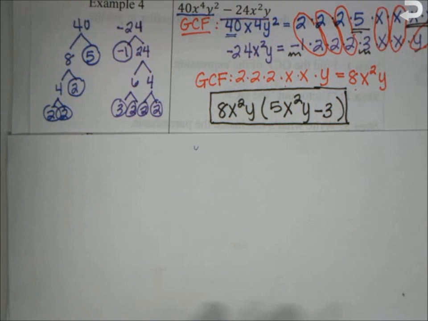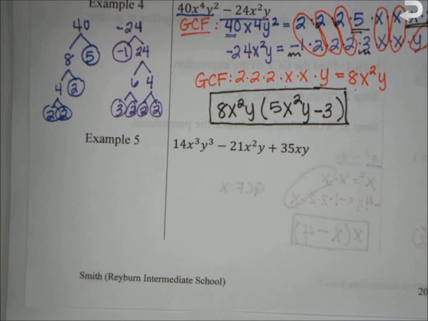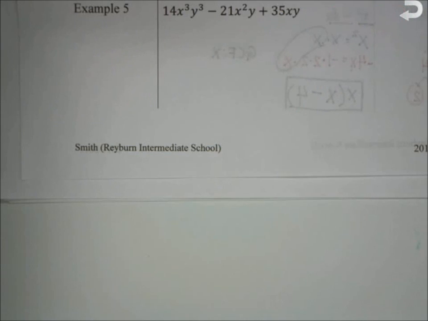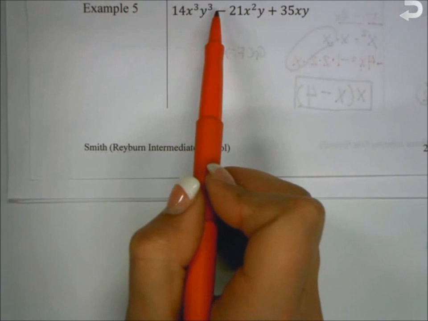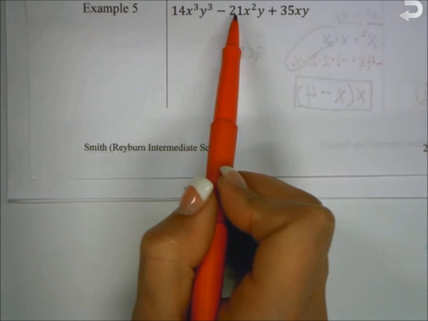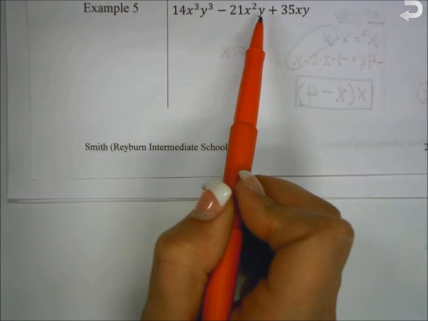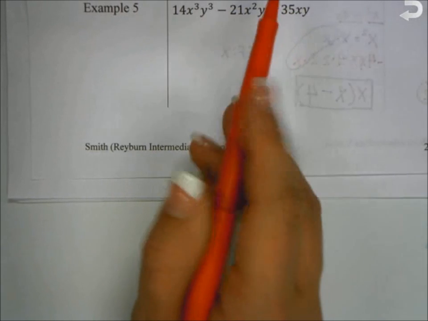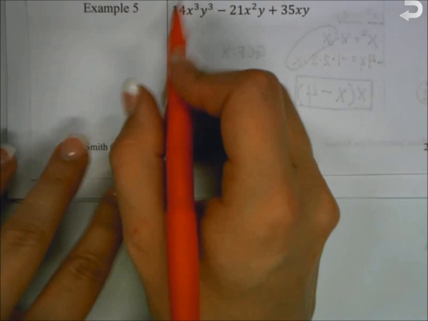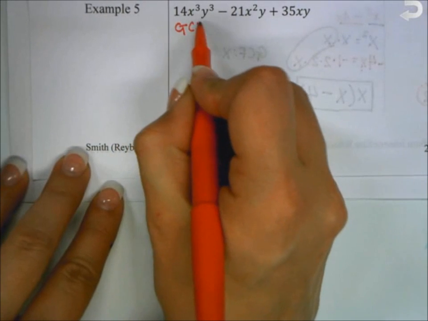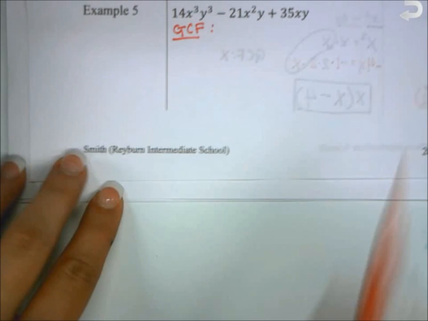Okay, so we have 14x to the third, y to the third, minus 21x squared y, plus 35xy. We want to factor this using the GCF. So the first thing we have to do is find the GCF. I have 3 terms again, so I'm going to be finding the GCF of 3 different terms. First term I need to factor out, 14x to the third, y to the third.